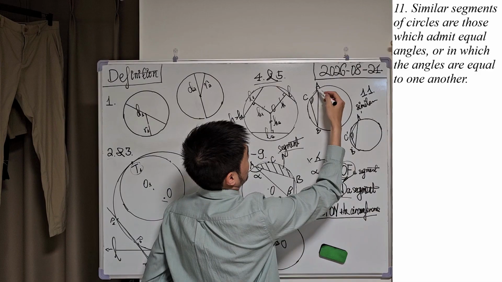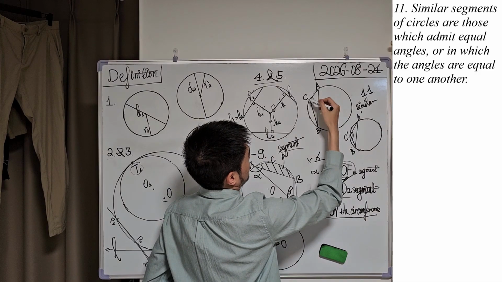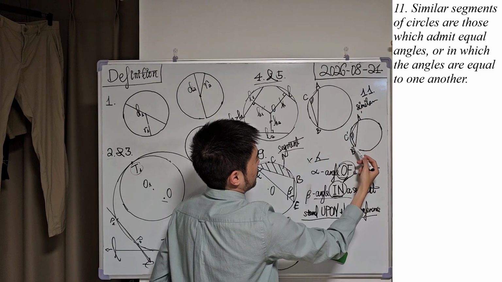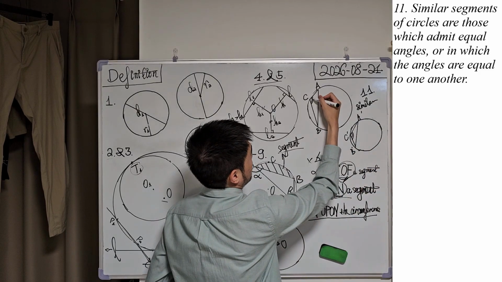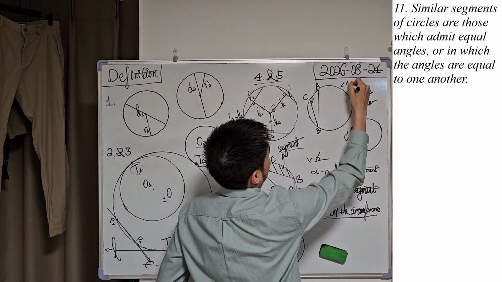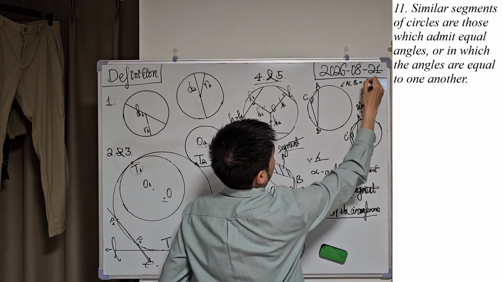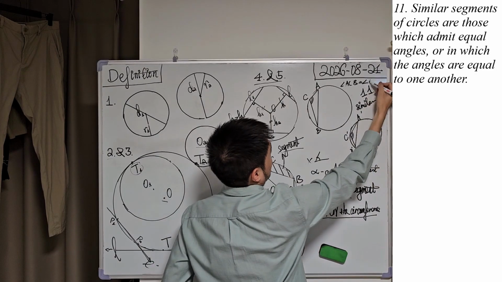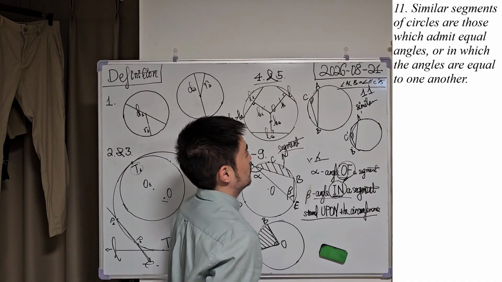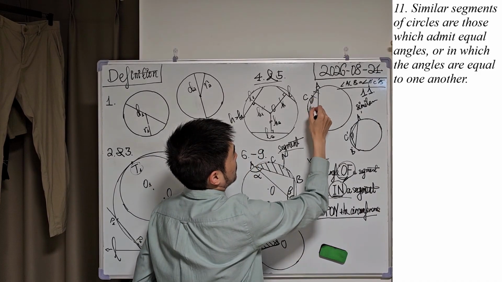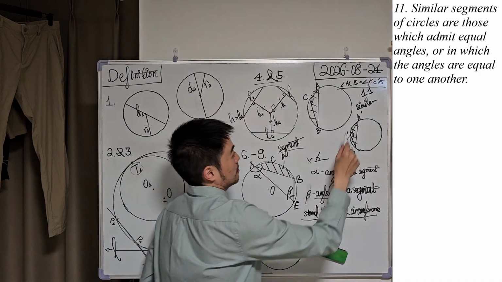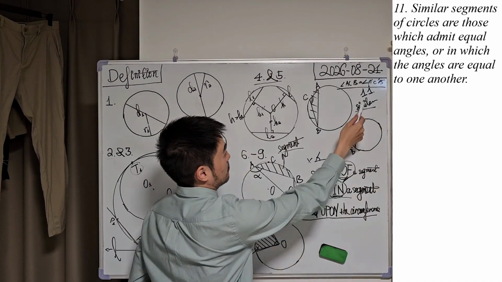For example, this is a segment ACB, and this is another segment A prime, C prime, B prime. And if angle ACB is equal to angle A prime, C prime, B prime, correct? Then we say these two segments are similar. Okay, that's definition 11.